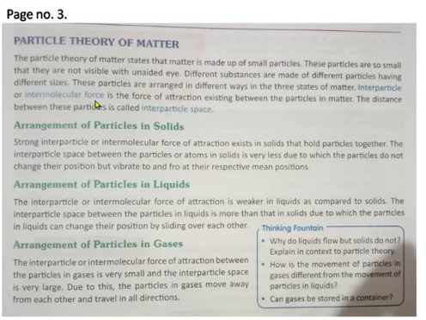These two terms you have to learn, you have to understand, and you have to focus on the arrangement of particles in solids, arrangement of particles in liquids and arrangement of particles in gases.